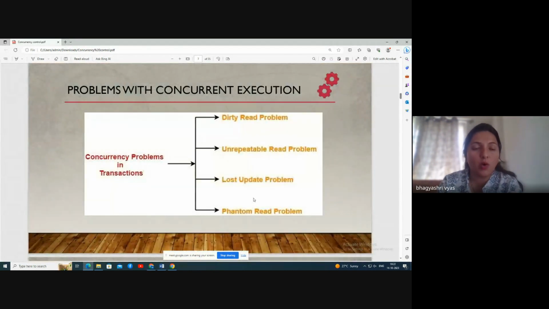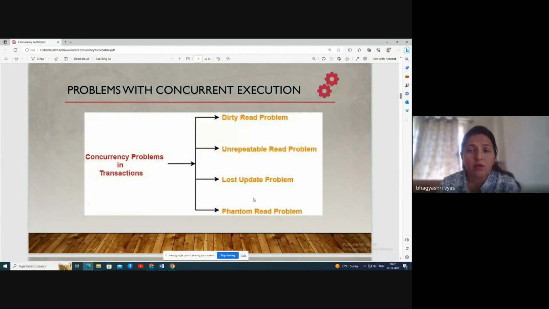Yes. Now, this is the main important part: problems with concurrent execution. See, we have the concept of concurrency, so now we need to deal with problems at the user level, in a multi-user system environment, or problems with these read and write operations.